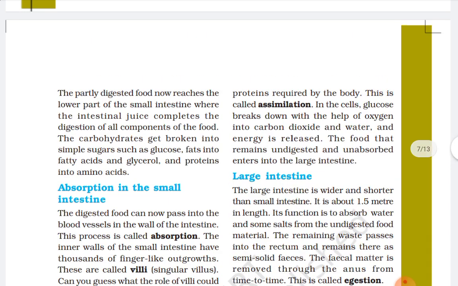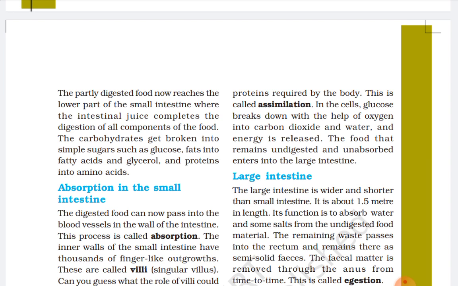The partially digested food now reaches the lower part of the small intestine, where the intestinal juice completes the digestion of all components of the food. The carbohydrates get broken into simple sugars such as glucose.